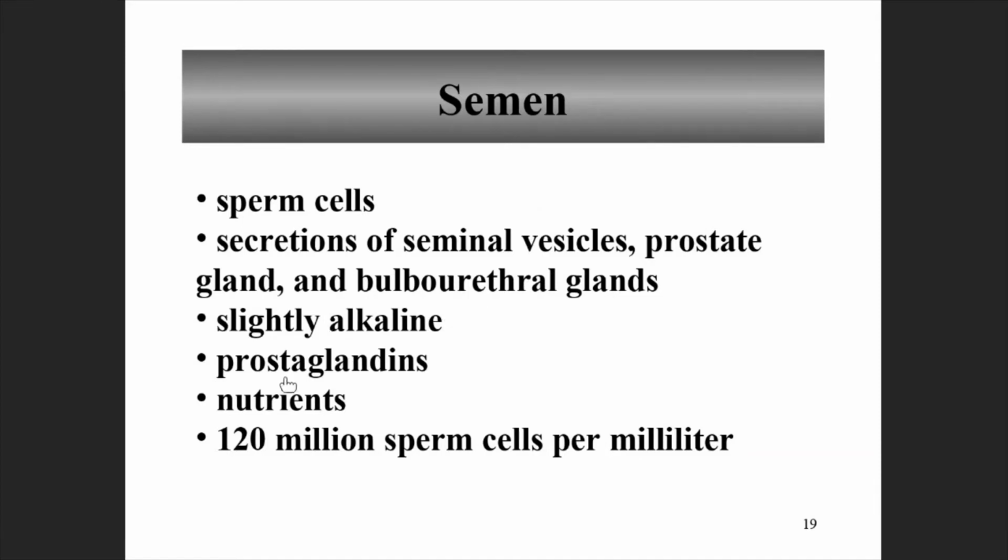It's slightly alkaline, has prostaglandin from the prostate, and nutrients like fructose from the seminal vesicle. A male ejaculates about 4 to 5 milliliters, and each milliliter has roughly about 120 million sperm.